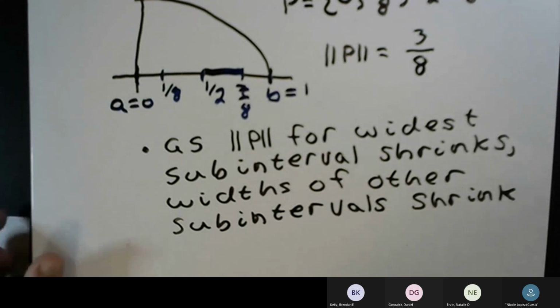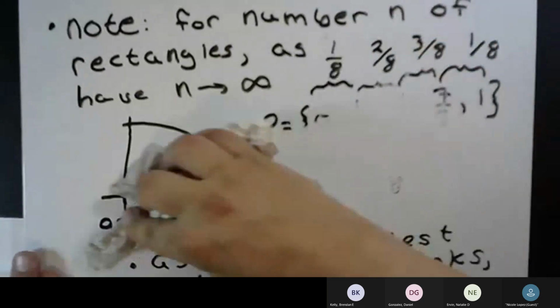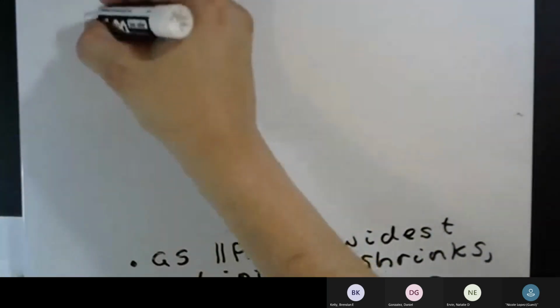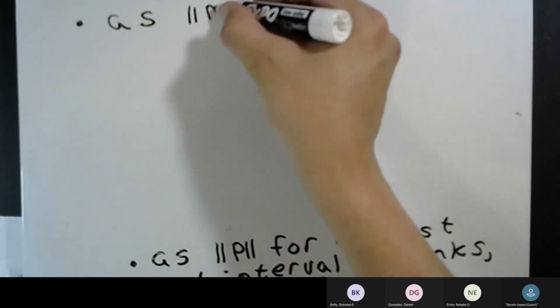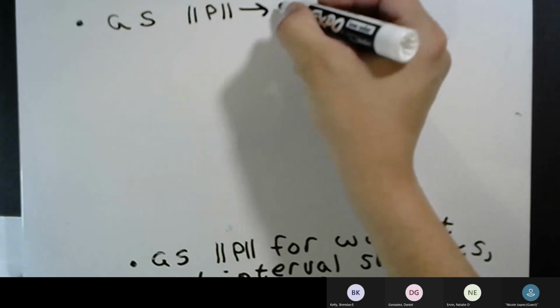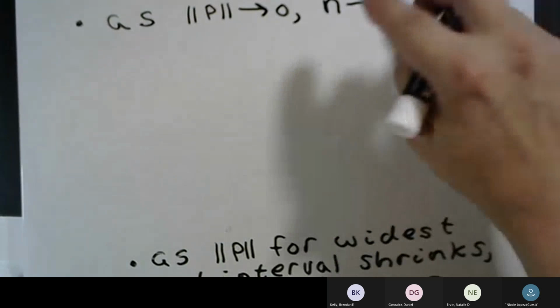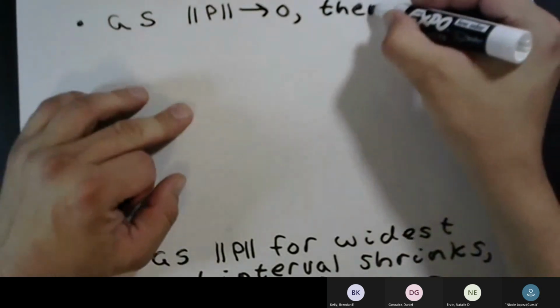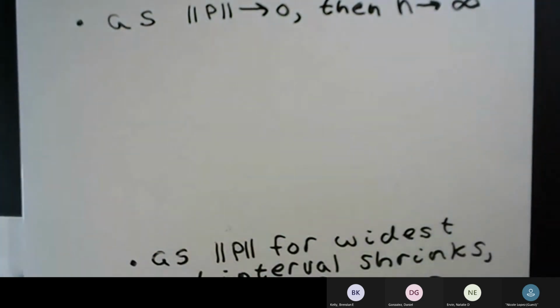All right. If I'm going too fast, or erasing things too quickly, let me know. So the idea is going to be this. We just saw it written: as this largest width goes to 0, the number of rectangles goes to infinity.